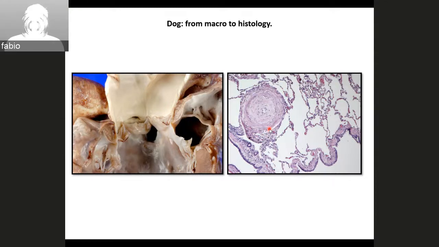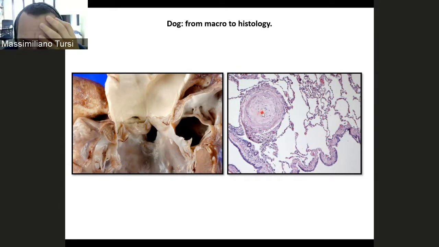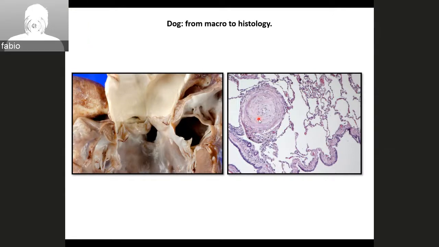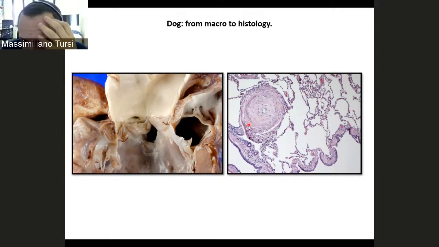Yeah. For me, it's enough. But you may say also there is a severe medial and intimal proliferation. Okay. That's better. But basically, there is a severe thickening of the wall.